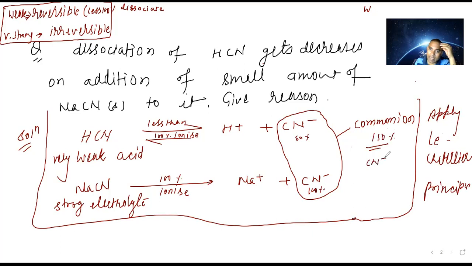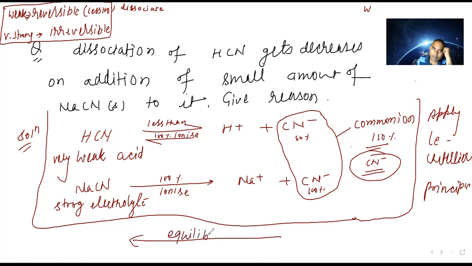Le Chatelier's principle says that in equilibrium, if the concentration of any substance increases, the equilibrium will shift in such a way that the increased concentration is minimized. So which direction will it go? It will go to the backward side, the left side. The equilibrium is shifting to the left.